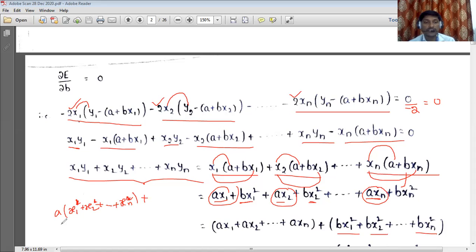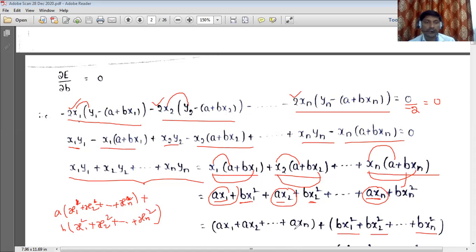Next, coming to this term, b is the common one, then we'll get b into (x1 square plus x2 square plus and so on plus xn square). So a into this one and b into this one.